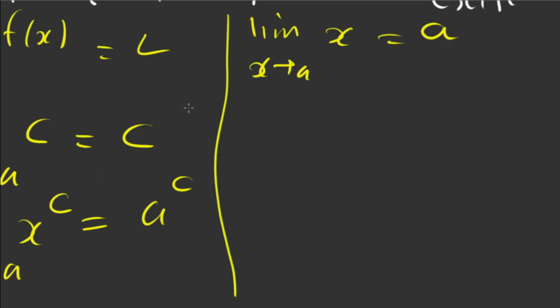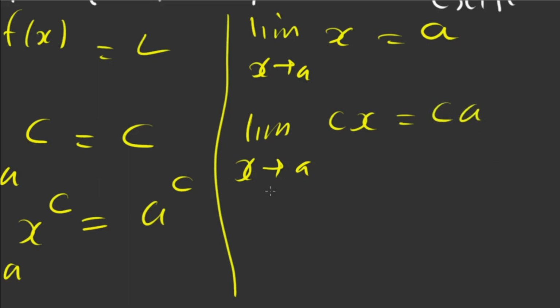And if you have a limit as x goes to a of c x, your answer will be c a.